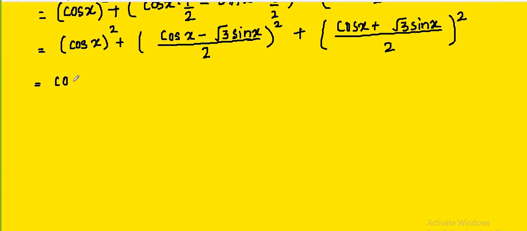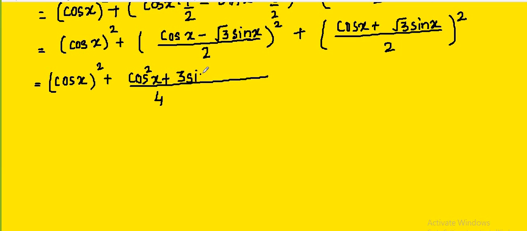So this is cos x whole square plus numerator whole square by denominator whole square. So in denominator we have 4 and in numerator we have the identity a minus b whole square, which is a square plus b square minus 2ab, and in denominator we have 2 square, that is 4.